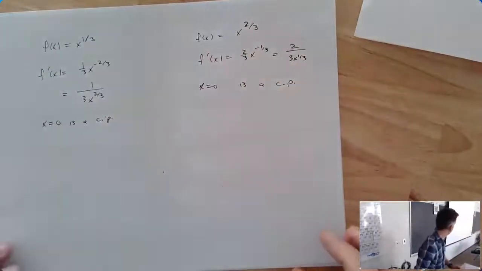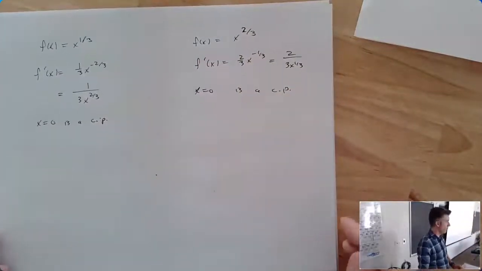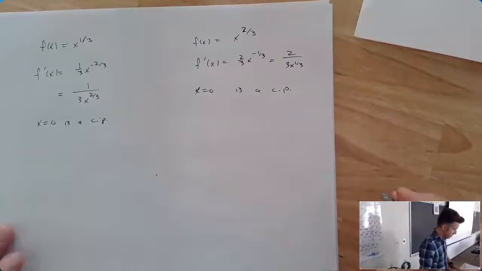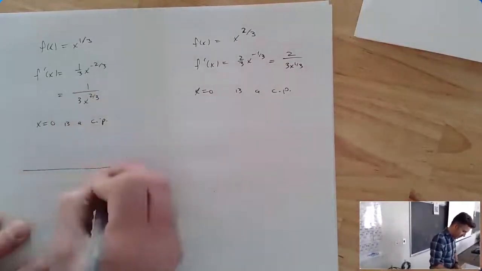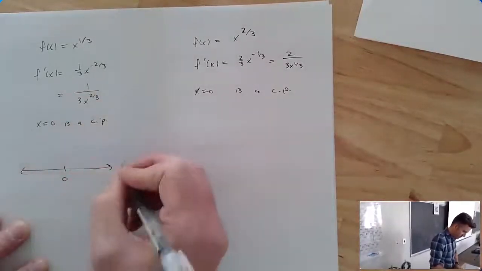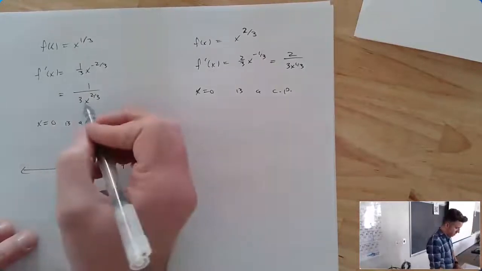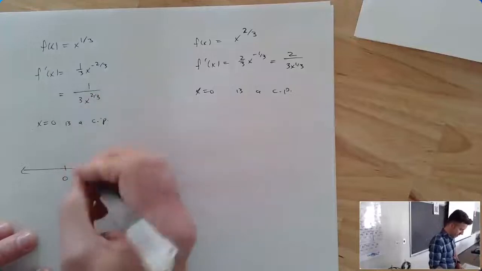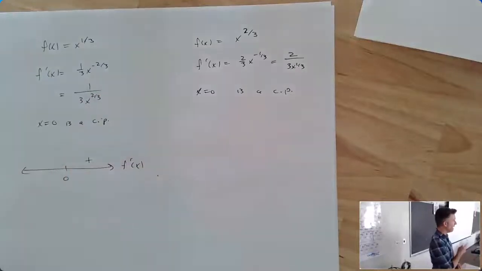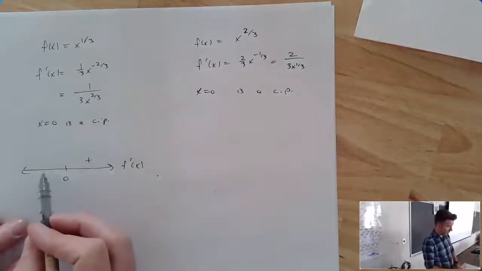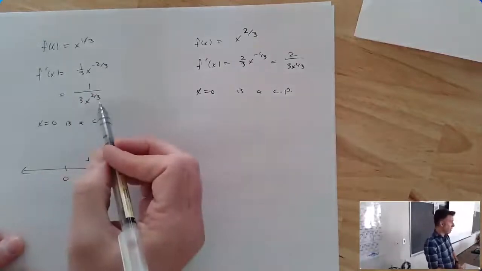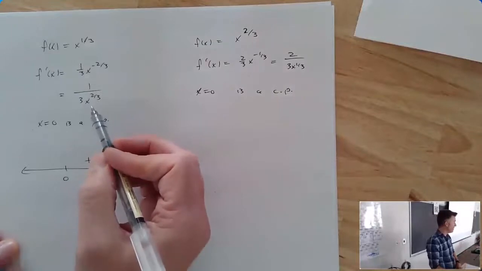The difference is one of these is going to have a relative minimum, one of them is not. So this one, if I look at the sign chart for my first derivative, well, if I plug in a number bigger than 0, like 1, 1 to the 2/3 is positive, and the whole thing's positive. If I plug in a number like -1, actually, this is where your question from before is really pertinent. If I plug in a number like -1, -1 to the 2/3 power is positive or negative?